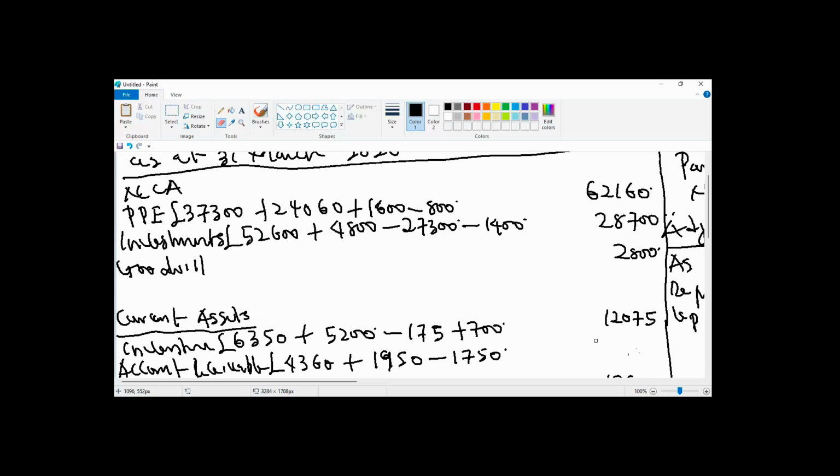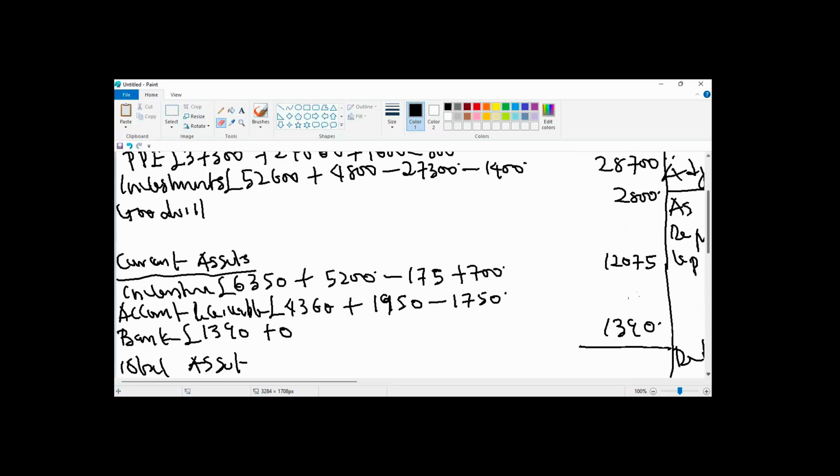The minus: it is 4,360 plus 1,950 minus 1,450, not 1,700. So how much is receivable now? It's supposed to be 700 plus 750. Okay, that's true. It's 1,450. So the confirmer is also correct.